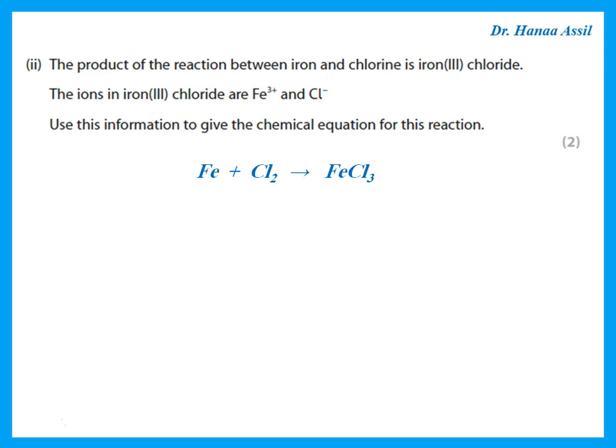We have to balance. So if we balance, you'll find that we need 2 iron before the arrow so that I can have 2 iron after the arrow, in order to balance the chlorine, so that now I have 6 chlorines after the arrow and 6 chlorines before the arrow. Remember, we multiply 2 times 3. So this is now the balanced equation.